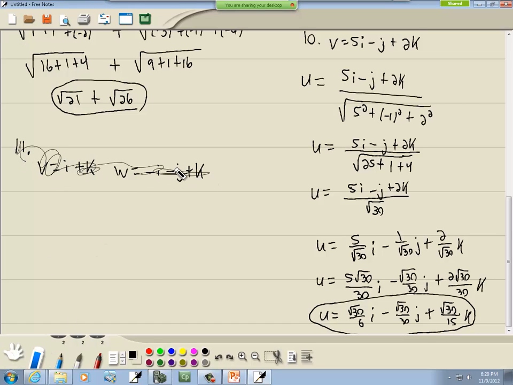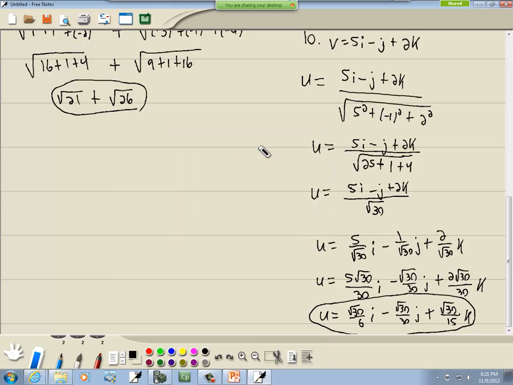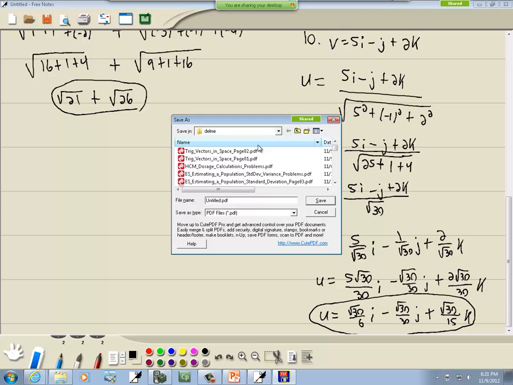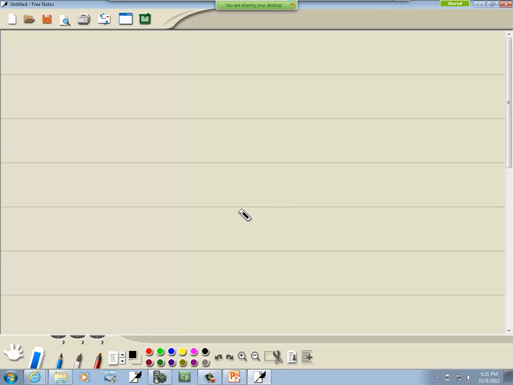Should actually read the directions. I don't got room. Let me save that. There we go.